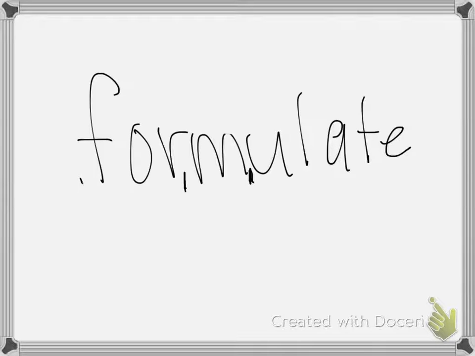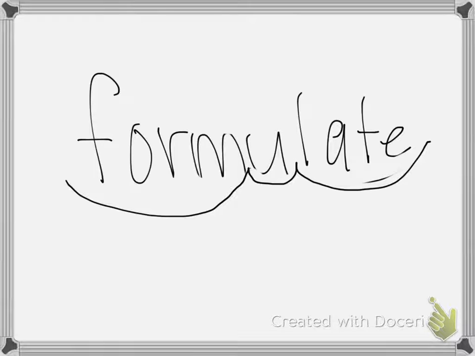Okay, so it could be for-mulate, or it could be form-ulate. So whichever way you say the word, really, both ways are correct. But either way, you need to make sure that this U is an open syllable, because when we say the word, that U says its name, right? So we know this has to be open.